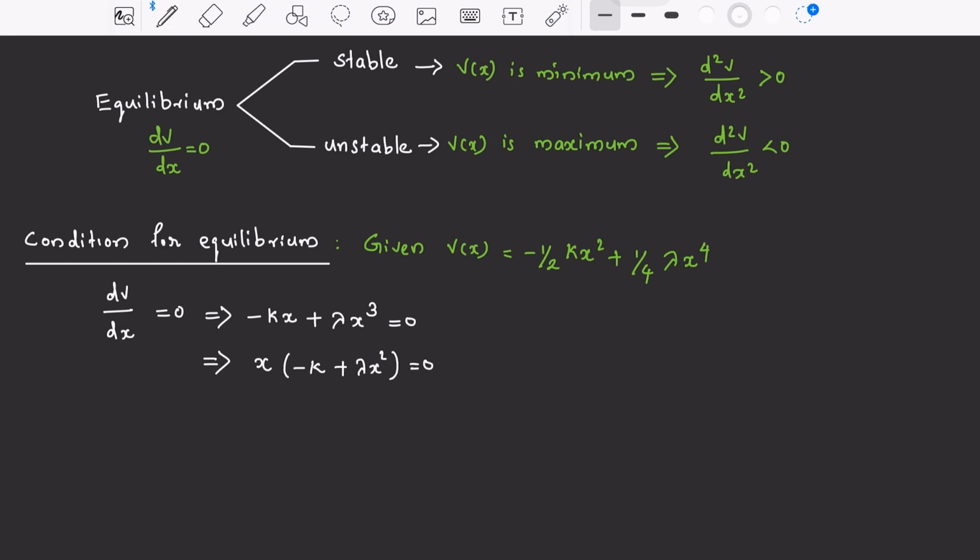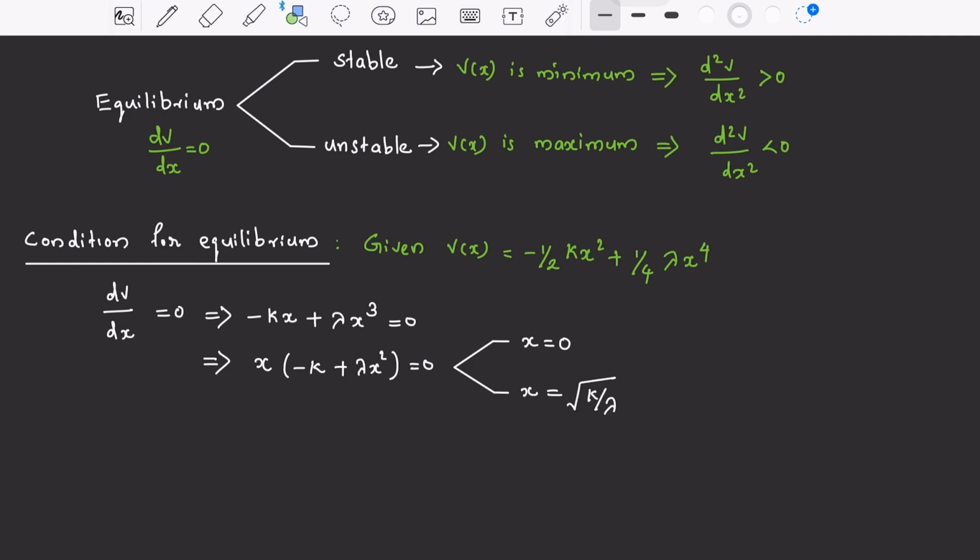So we have two solutions, two values of x which satisfy this equation. That is, when x equal to 0, dV by dx is 0, and also when x is equal to root k by lambda, this equation is also 0. So we have two values for x.